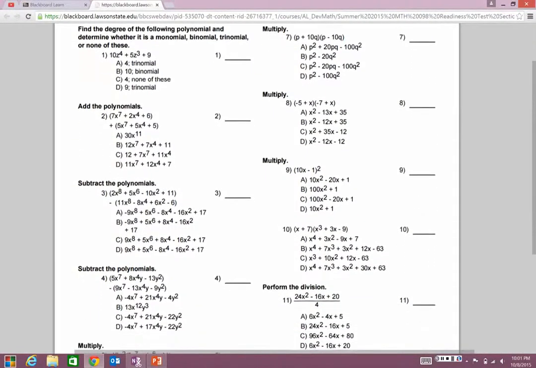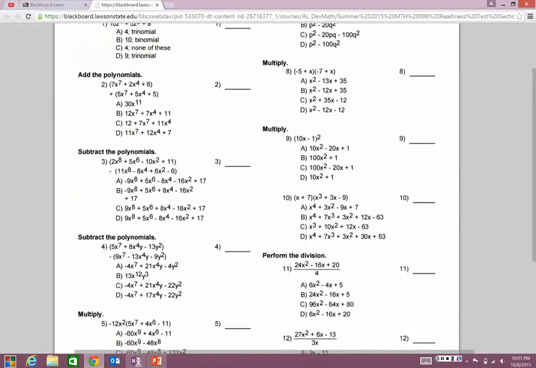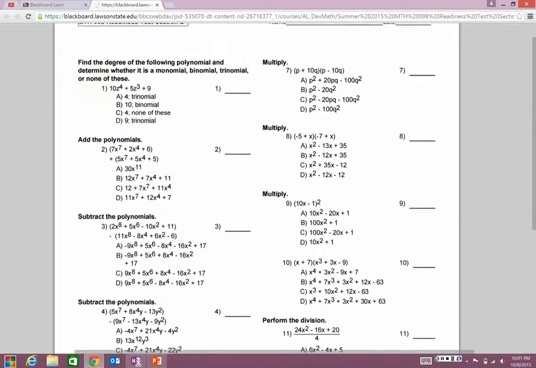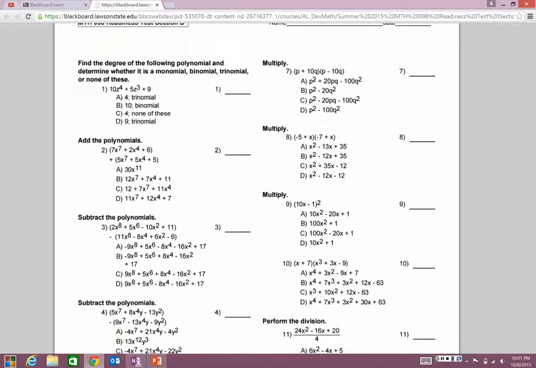I'm not going to go through all of these problems today. I will skip around, but let's start with number 1. Number 1 is negative 10z to the 4th plus 5z cubed plus 9. They're asking you to find the degree.